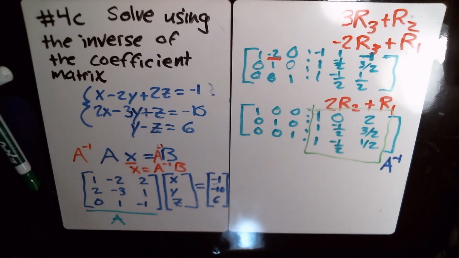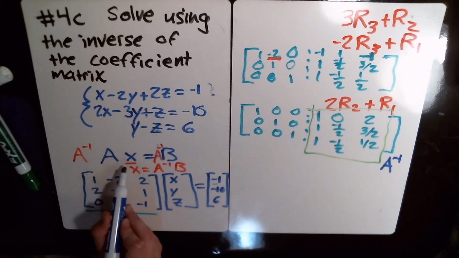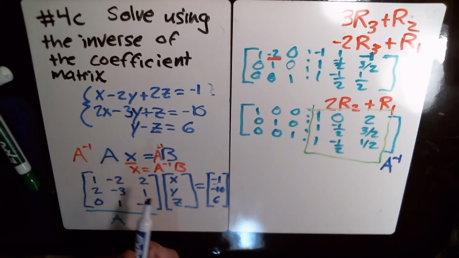We were trying to solve for x, y, and z in this equation. So I'm going to times on both sides of the original matrix equation by A inverse.